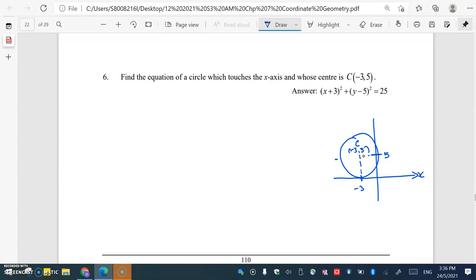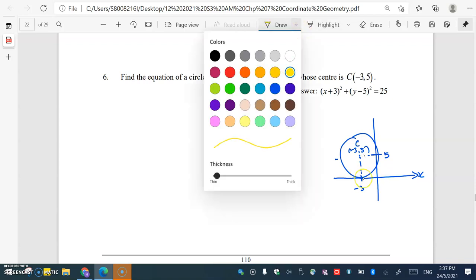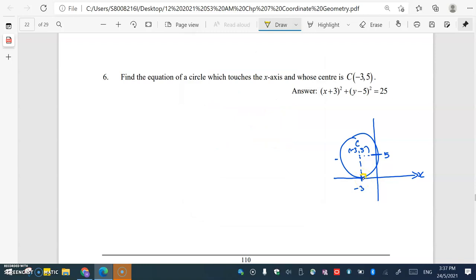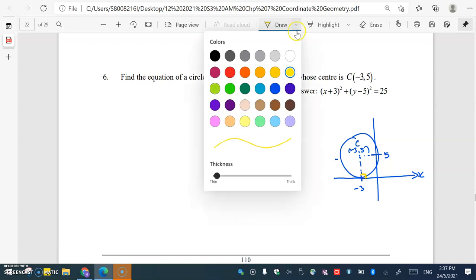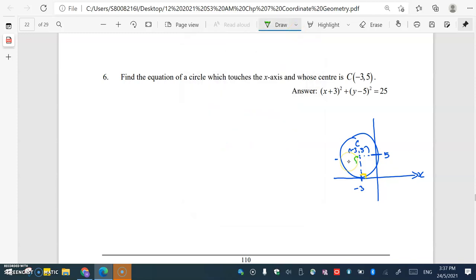For the center to be at negative 3, 5, we also know that the circle touches the x-axis, meaning it is tangential. So the circle is tangent to the x-axis. When it is tangent to the x-axis, you're also telling us that this is 5 units in length. Notice this is the center, and this is the x-axis.